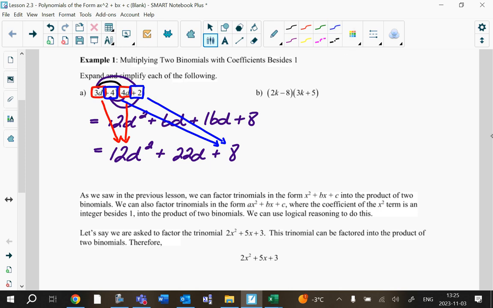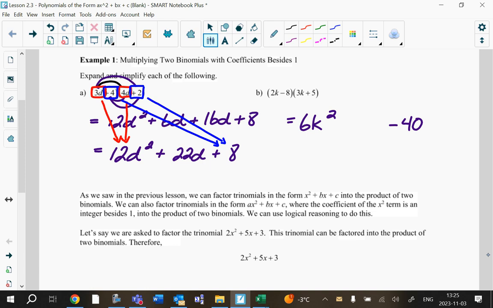Let's look at the next one. Let's see if we can get right to the final answer. What would the first term in the answer be? The product of the first terms in the binomial. So 6k squared. What would the last term be? Negative 40. To find the middle term, you multiply the outside two and the inside two and put them together.